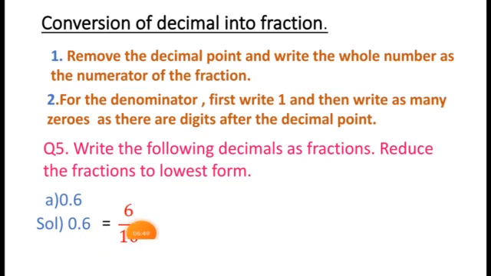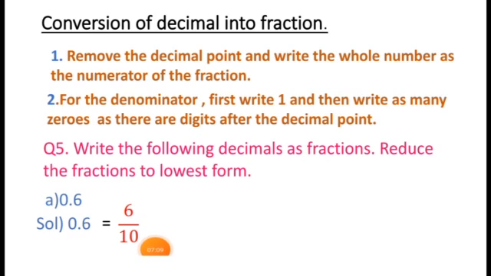So in the denominator we will write 1, and as only one digit was there beside the decimal point, we will write only one 0 in the denominator right after the 1. So it will be 6 upon 10.